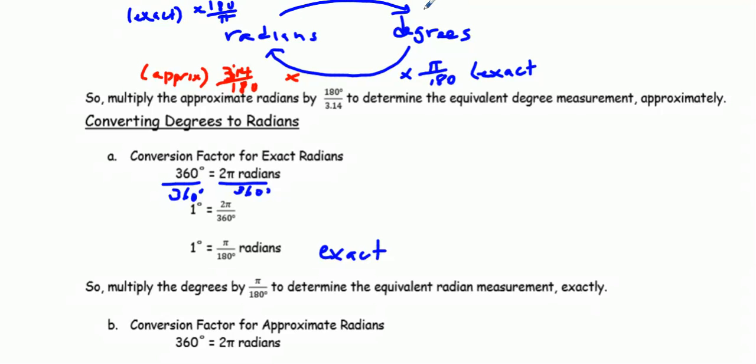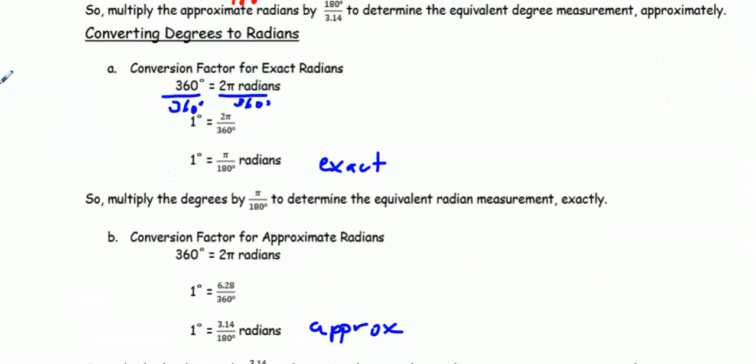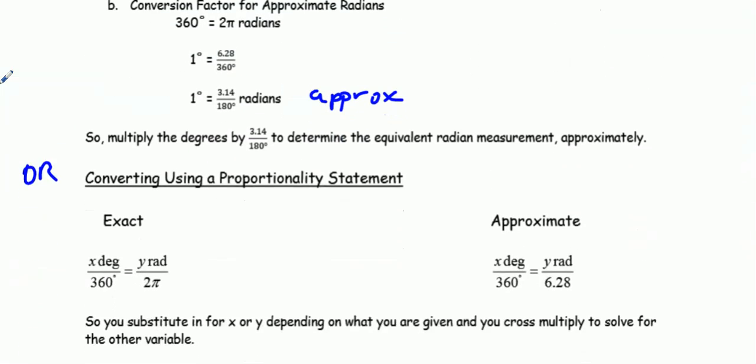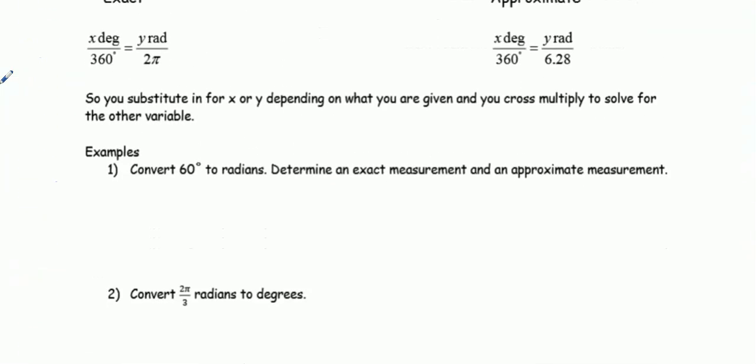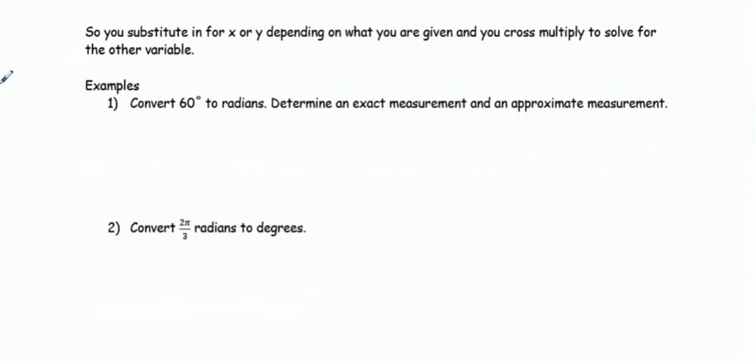Or you can multiply by 180 over 3.14, and that's the approximate. Okay? So you either commit to memorizing that, or you can use the proportion statement. Right now, I'm just going to use the formula.